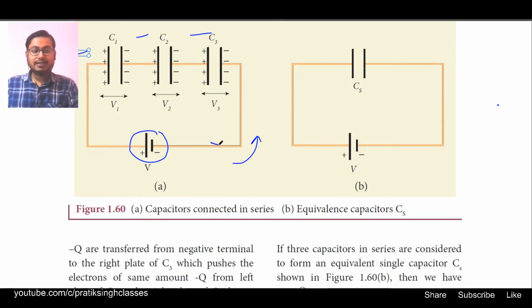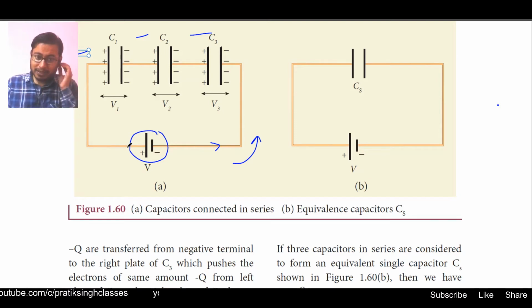So charges, meaning electrons here, will flow first to C3. Again those charges will push forward and flow to C2, to C1, and again back to the battery.